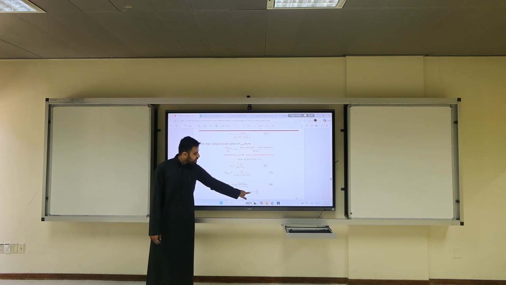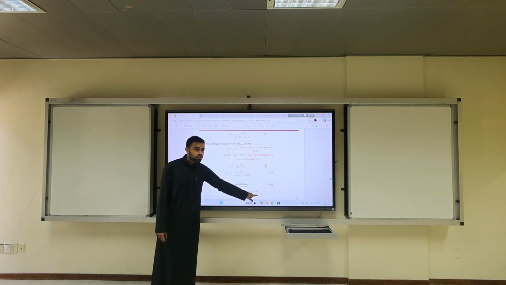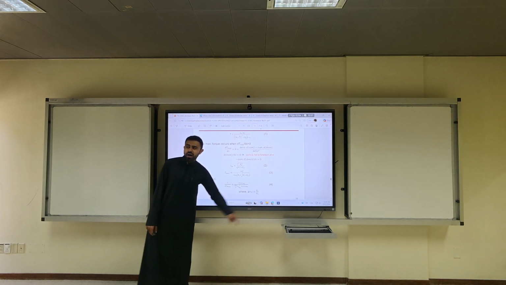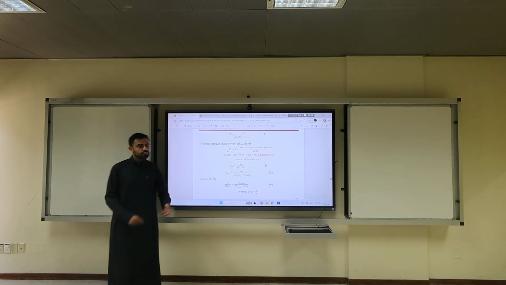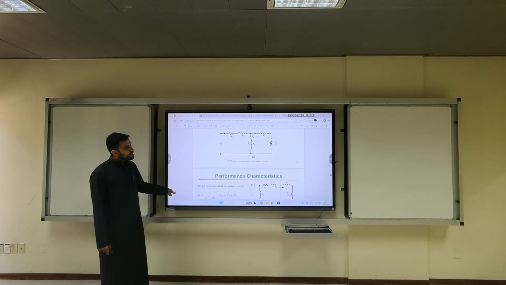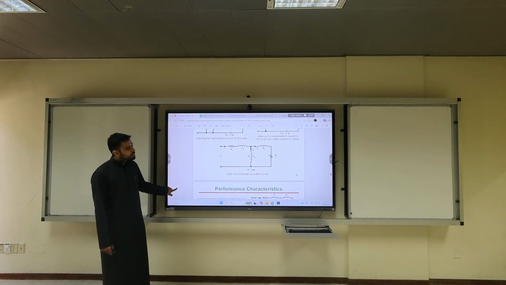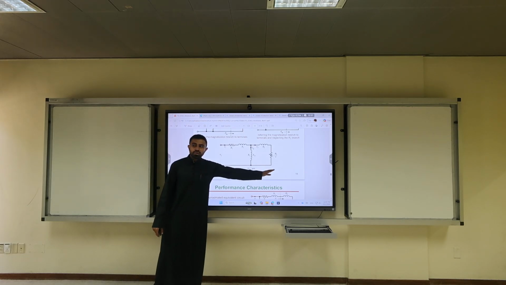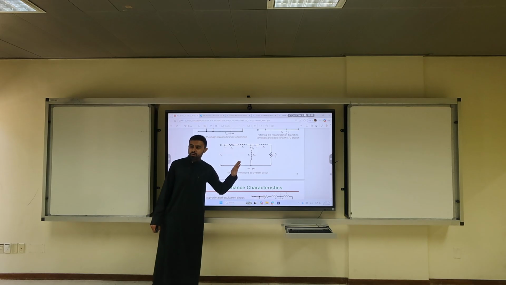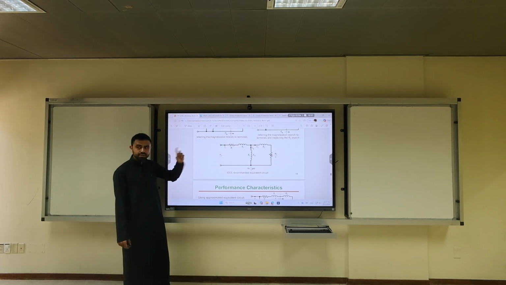So if you substitute a to be R1 over R2 prime, what is R2 prime? It is the resistance of the rotor reflected to the stator side. And how do we do reflection? Multiply by a squared, which is the ratio of the windings, N1 over N2.